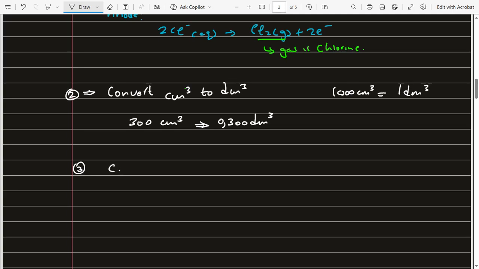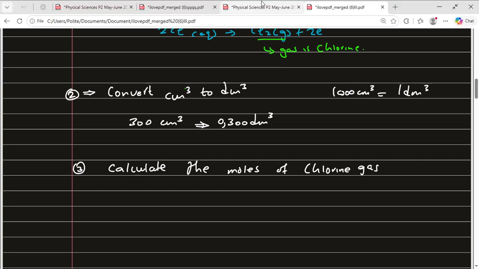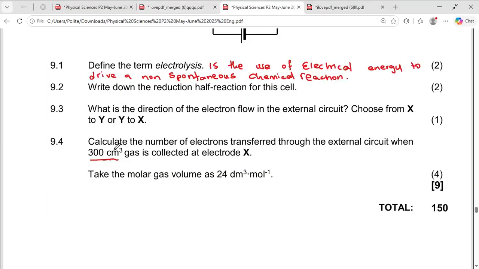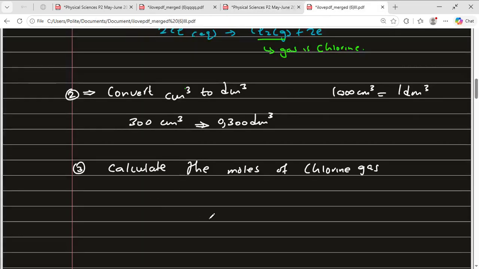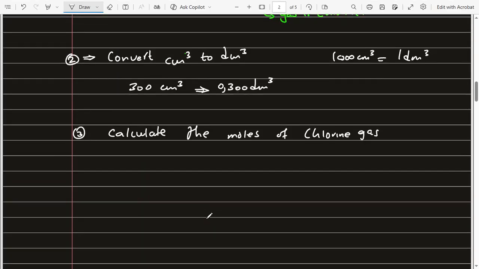Okay, because if you still remember, the question said they want us to calculate the number of electrons transferred through the external circuit, right?